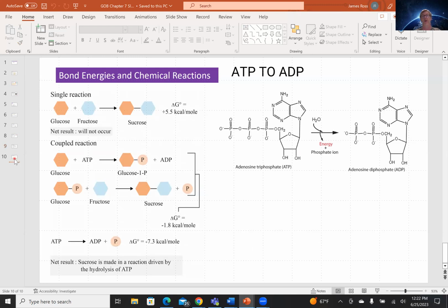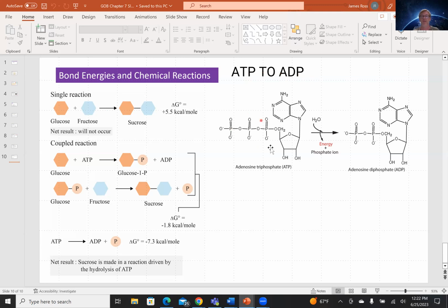So, for example, the way we have evolved to do this is we convert the energy of our food into a molecule called adenosine triphosphate, or ATP, which is converted to adenosine diphosphate, or ADP.